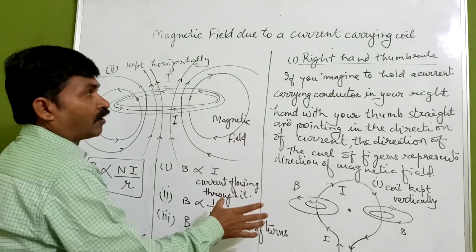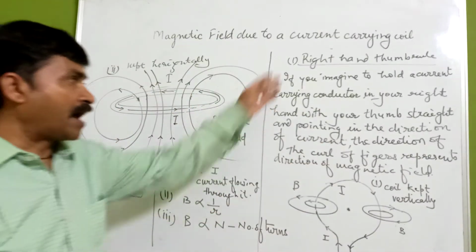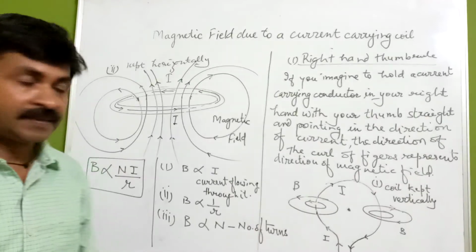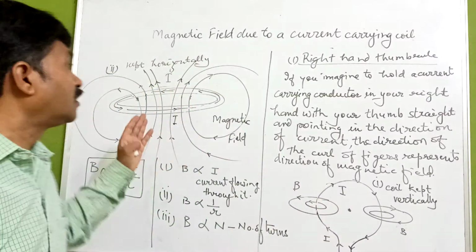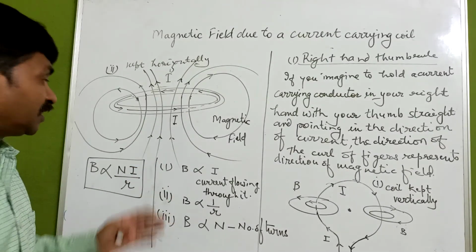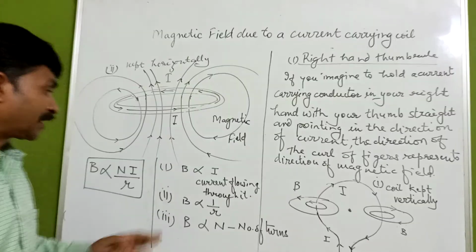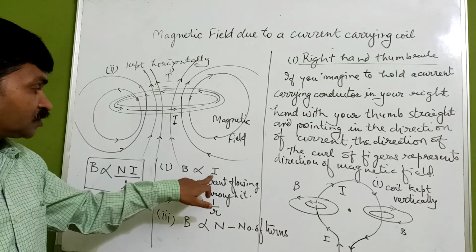So we got the direction by applying the right hand thumb rule in the vertical coil as well as the horizontal coil, and after that the magnitude can be understood by using this law.